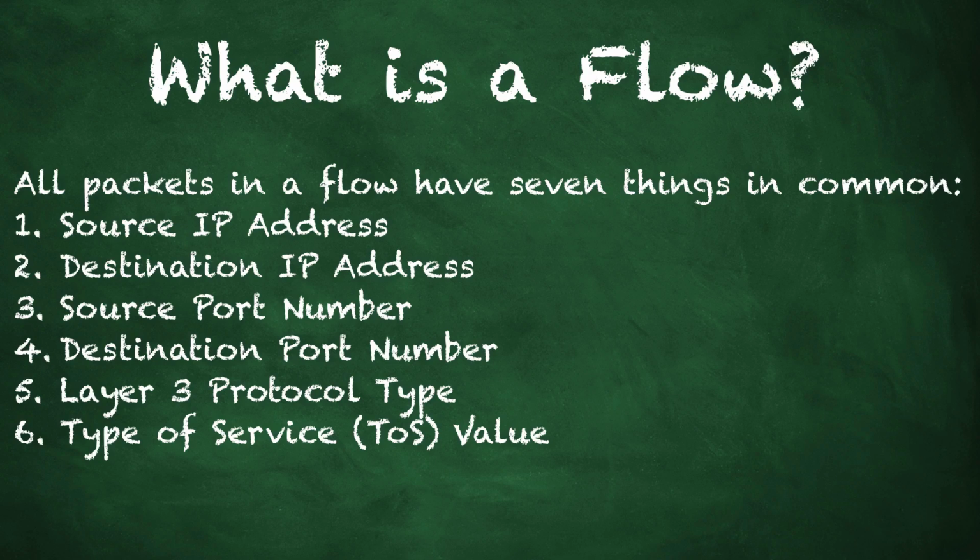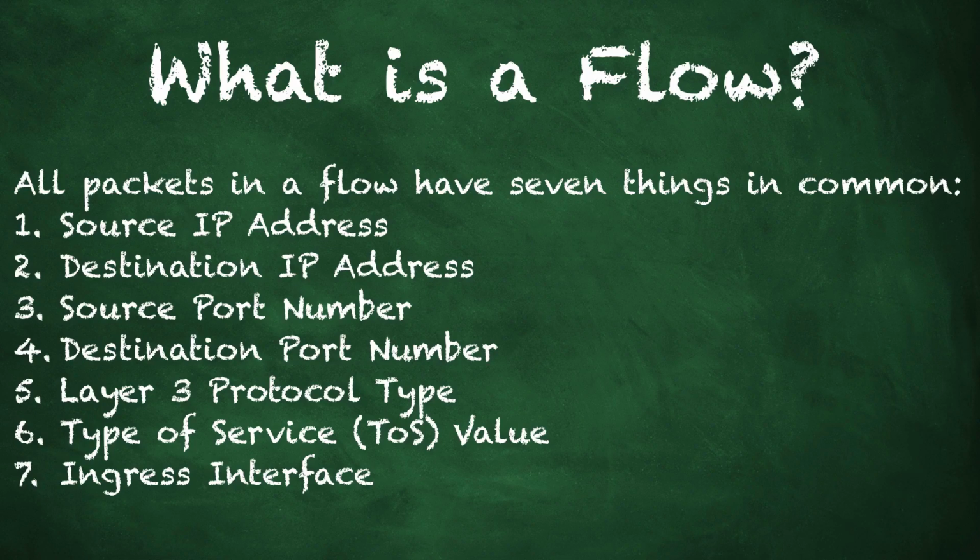And this TOS byte has 8 bits in a byte, and we might use IP precedence or DSCP, Differentiated Services Code Point, to mark a priority value in that TOS byte. We've got a couple of options, but the TOS value needs to match between packets if those packets are to be considered part of the same flow. And finally, the packets have to be coming into the router on the same interface. They have to have the same ingress interface.